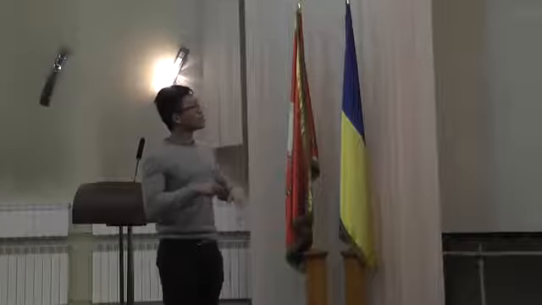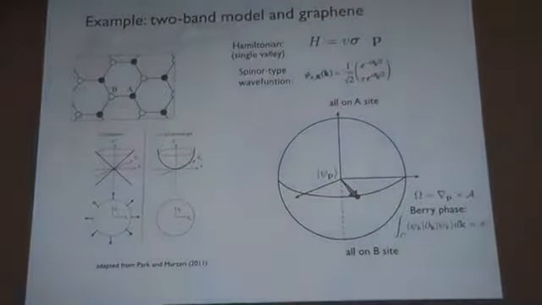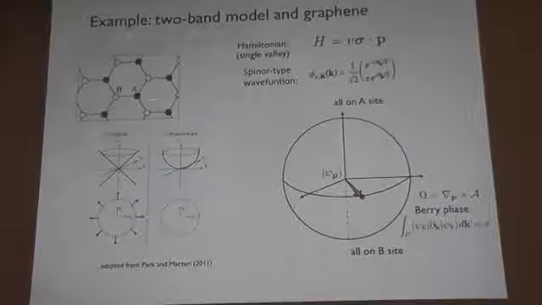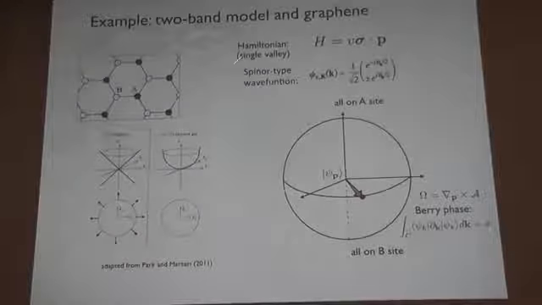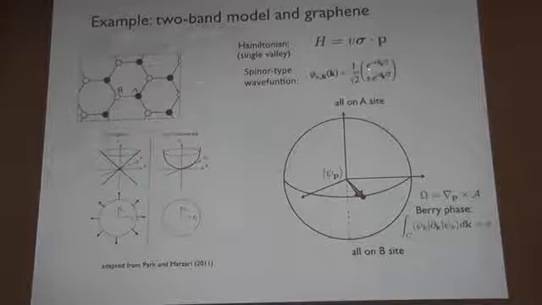One can try and see all of this in an example two-band model, and you can see this in graphene. Graphene is a hexagonal lattice, and there are these A, B sites here, and the Hamiltonian can be written in this form, where the top and bottom tell me the weight of the wave function on either the A or the B sites.